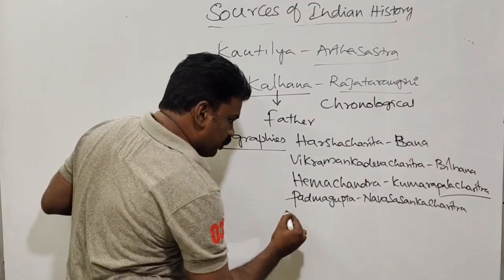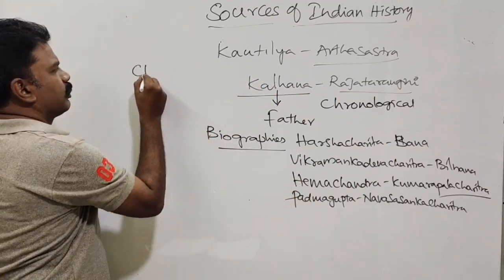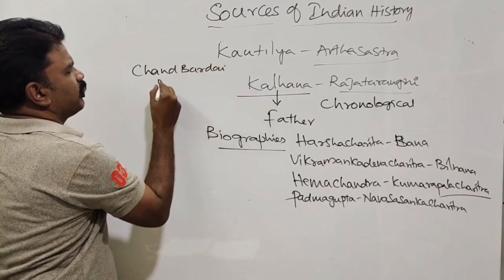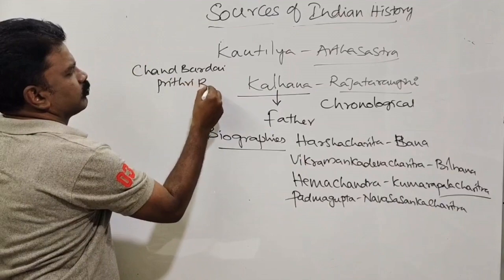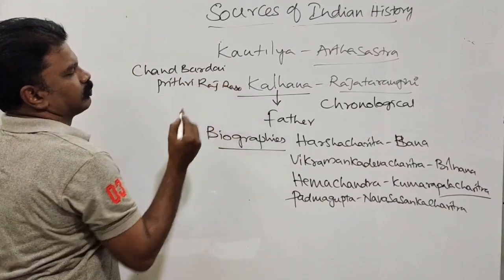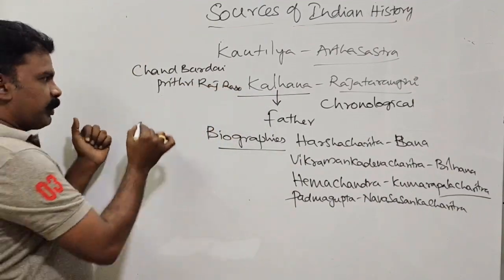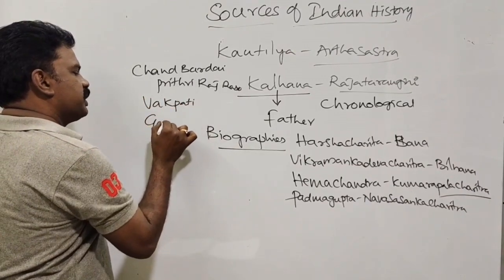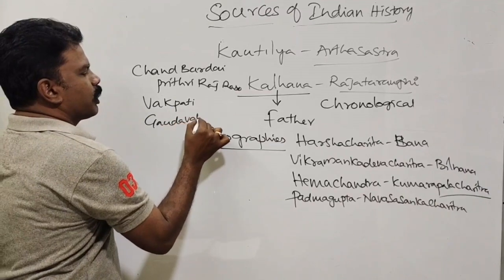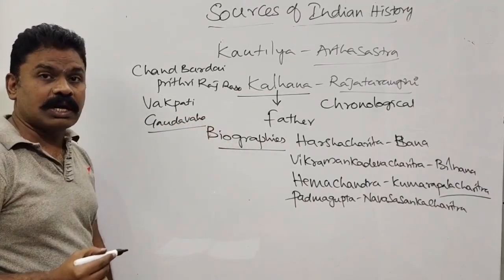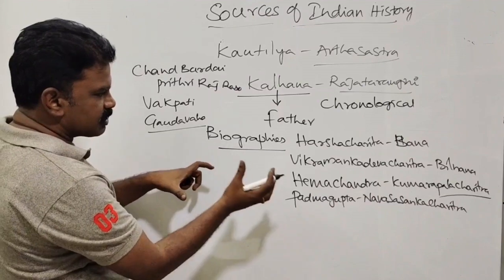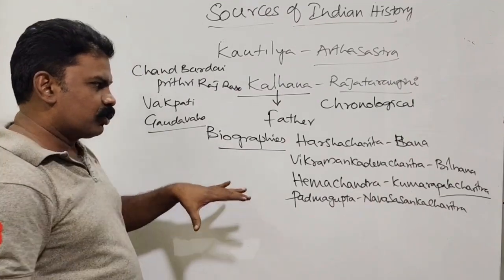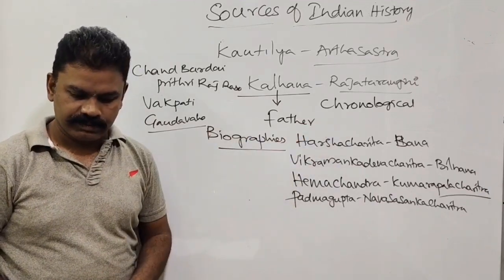Chand Bardai wrote Prithviraj Raso. Next, Vakpati wrote Gaudavaho. It speaks about Yasovarman, the ruler of Kannauj. All these are biographies. Biographies are very important to know about the rulers.